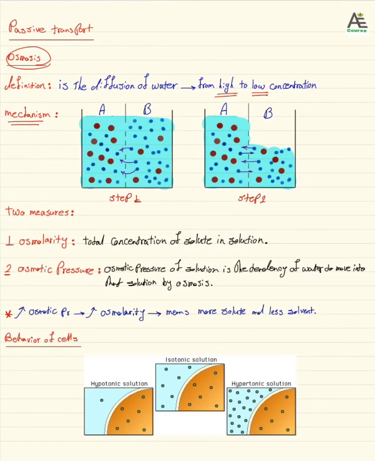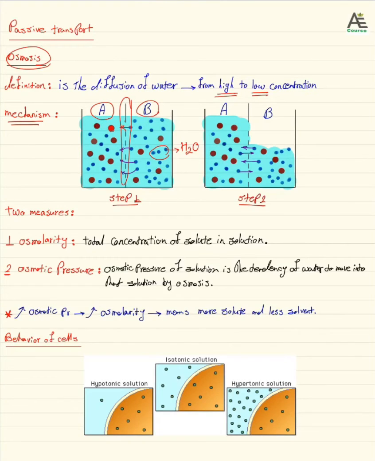See, there is a compartment A and compartment B, and there are two steps that will occur in this diagram. So, in compartment B, we have high concentration of water, these blue circles are water, H2O, and here we have low concentration of water, and there is a semi-permeable membrane which allows only the water molecules to pass through it because the size of it is very small, and the other type of solid like this, they are big and they cannot pass through it.